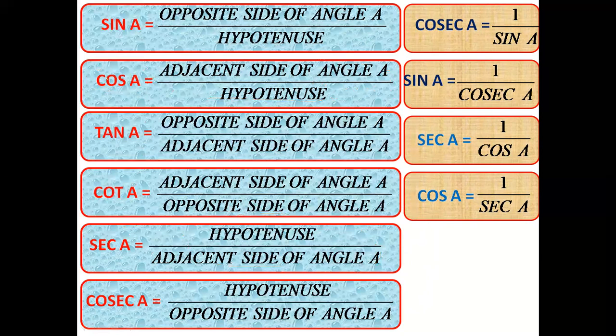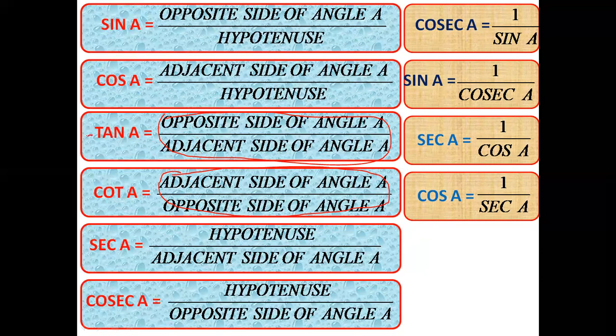Next, take the ratio of tan, opposite side of angle A by adjacent side of angle A. If you reverse this ratio, what do we get? Adjacent side by opposite side, which is cot.